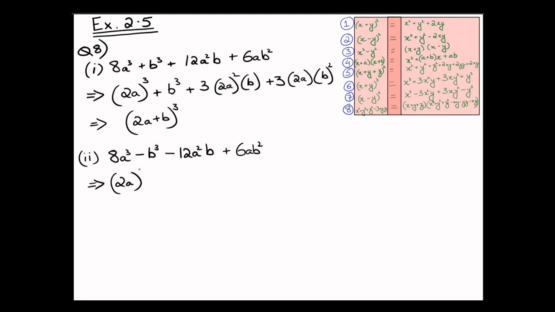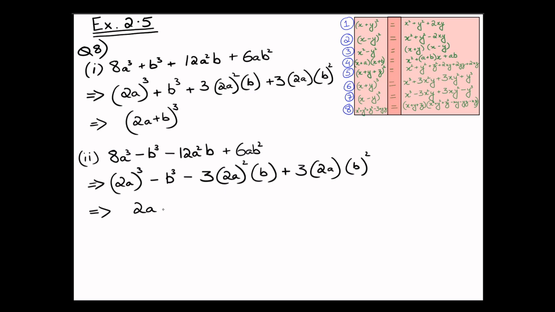We'll write this as 2a whole cube minus b cube minus 3 into 2a whole square into b plus 3 into 2a into b square. And this becomes 2a minus b whole cube, just like identity number 7.